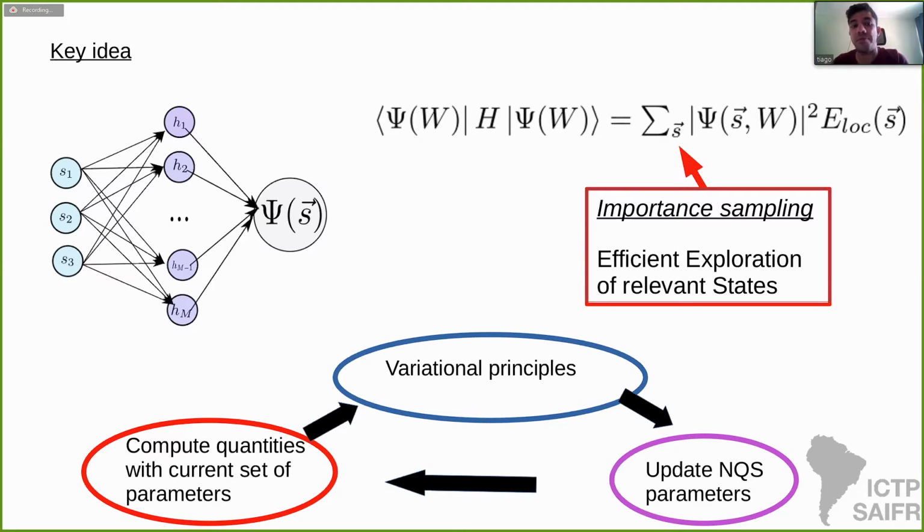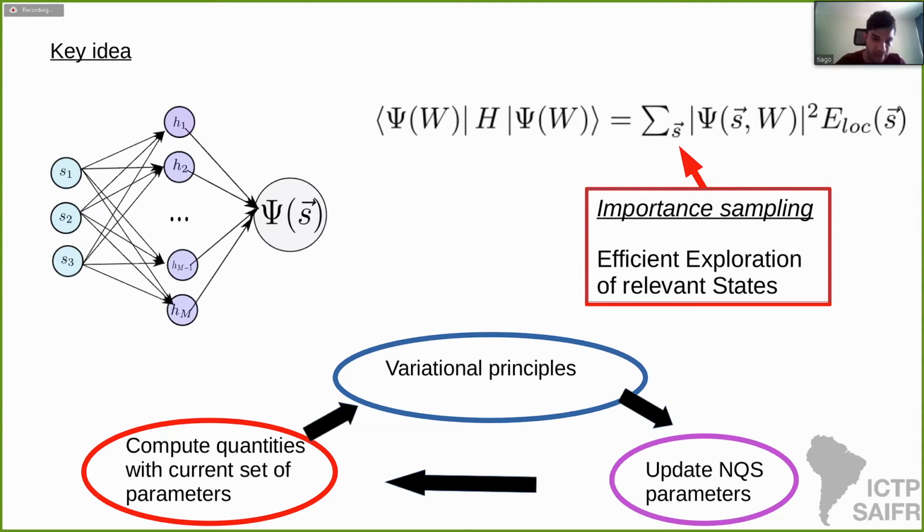But in principle, the main motivation to use these neural networks is that the neural network is a model that is a universal function, can fit any kind of function, as long as you increase the number of parameters.